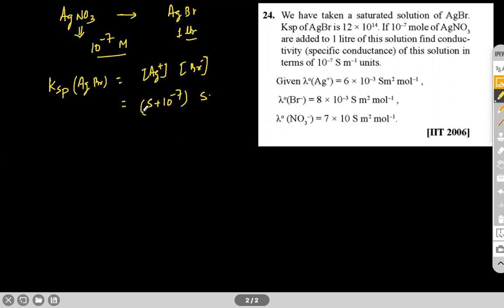So solubility decreases, so we can neglect it. It is given 12 into 10 to the power 14.